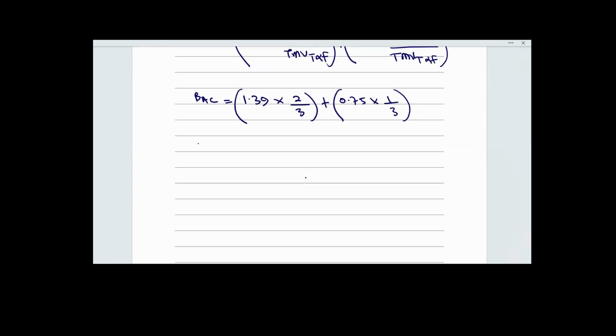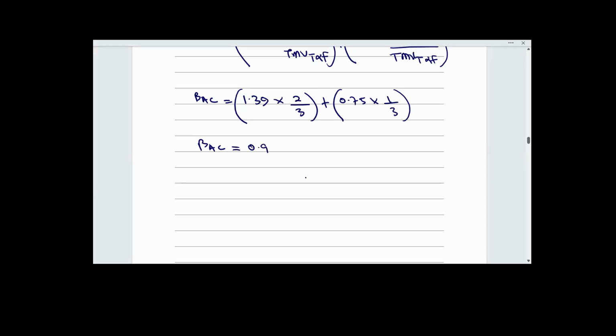Therefore, I would then say BAC equals, bring out your calculator, 2 divided by 3, multiplied by 1.39, that's 0.93.